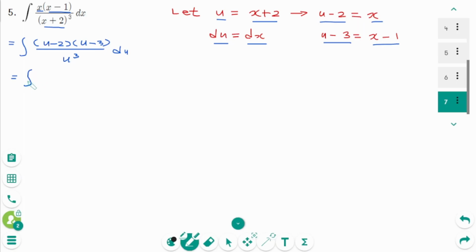equals the integral of, expand the numerator, u squared minus 3u minus 2u combined together, minus 5u plus 6, over u cubed, then du.